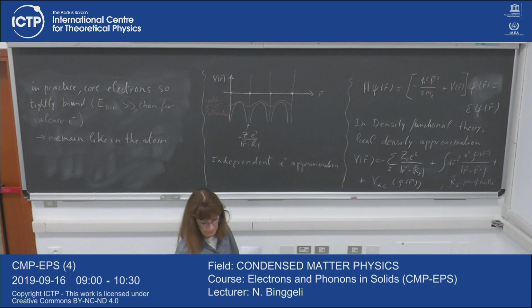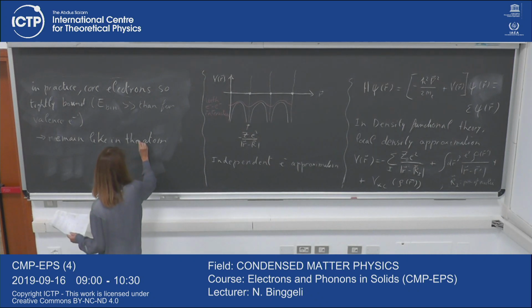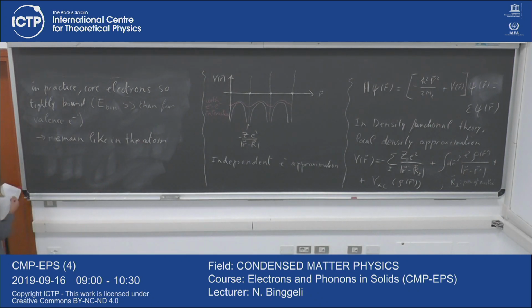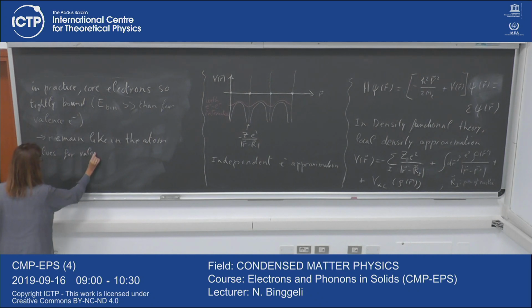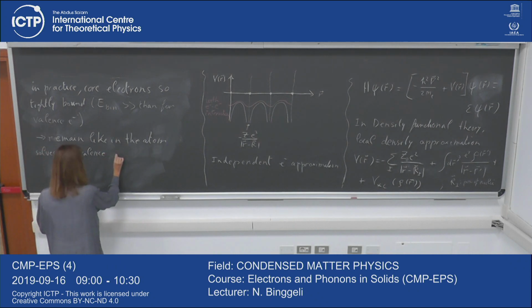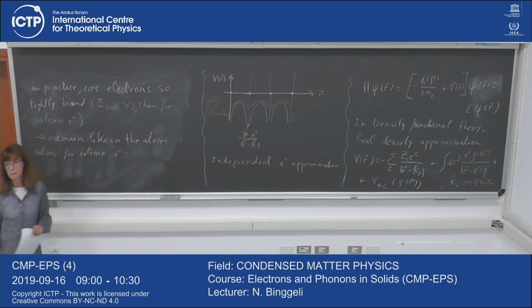So the core electrons are just assumed to have energies like in the atom. So one solves for the valence electrons, which are the important ones that make the chemical bond in the crystal.